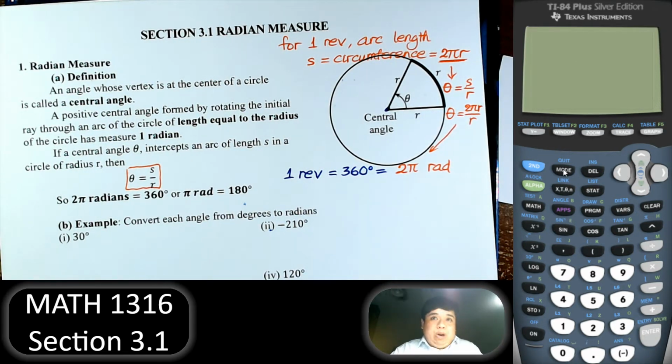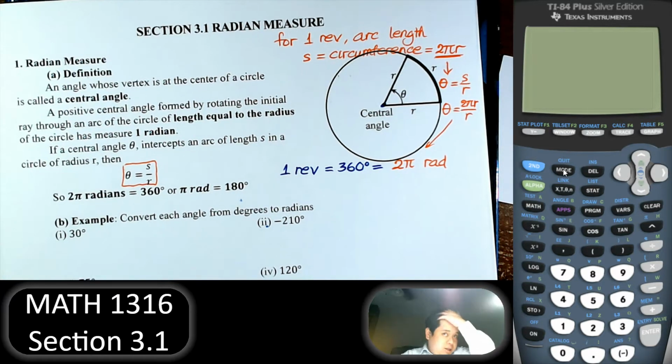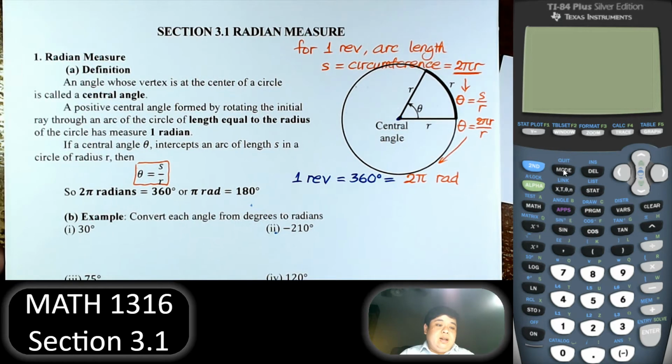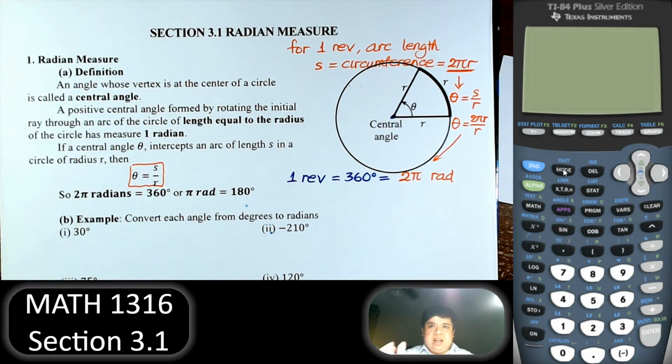Or you could say that by default, if it's just a number, the unit is radian. You can put radian in or take it out as we want to. By default, if it doesn't say anything, it is the radian, unless, of course, we specify degrees, and that's a different story.